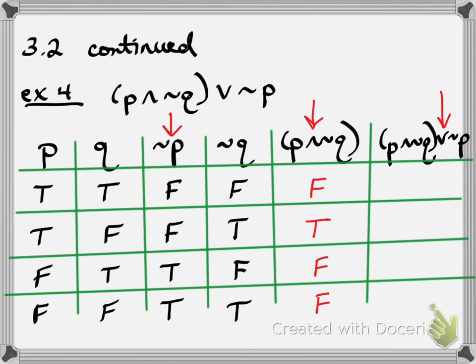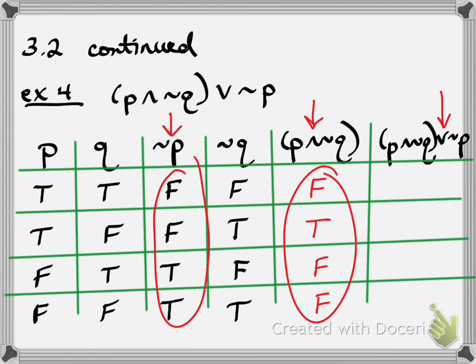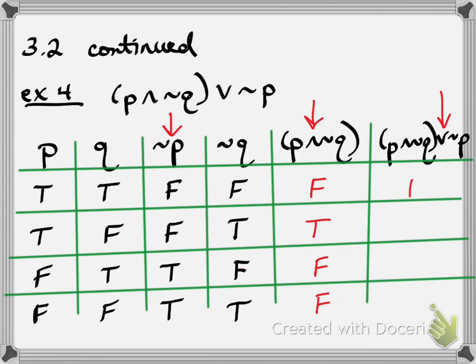So the only time an or is false is if they're both false. Let's look across. Both are false, so that's a false case. One of them's true, one of them's true, one of them's true. As long as one of them's true, we get a true. So we have a false and a true, true, true. So that's our answer column.